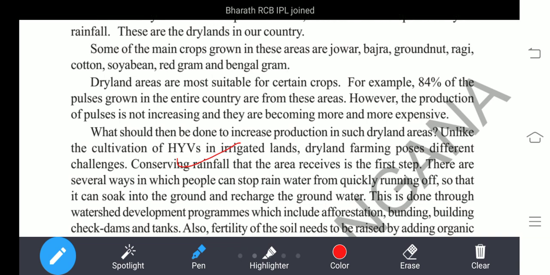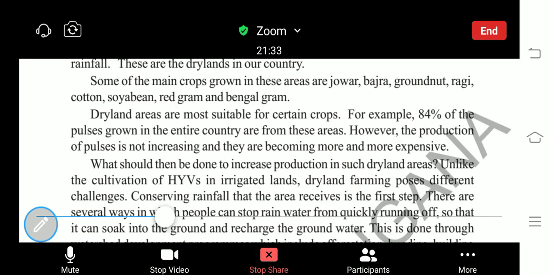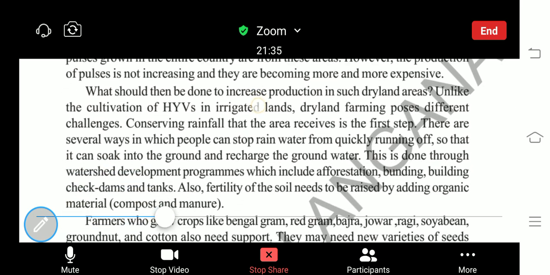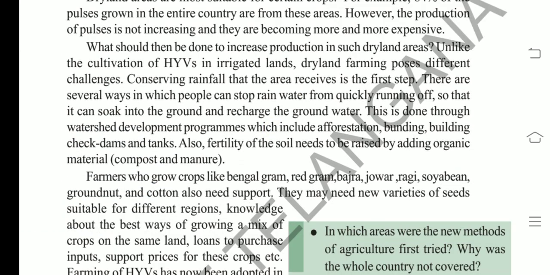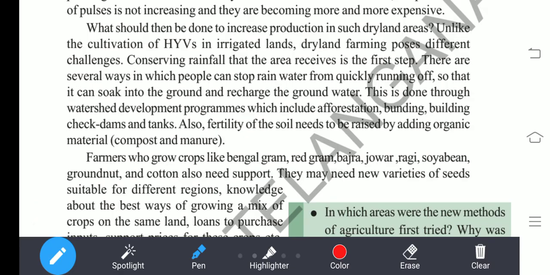So there are several ways for conserving the rainfall. Understand? What are those ways we see here? One is we need to undertake watershed development programs.